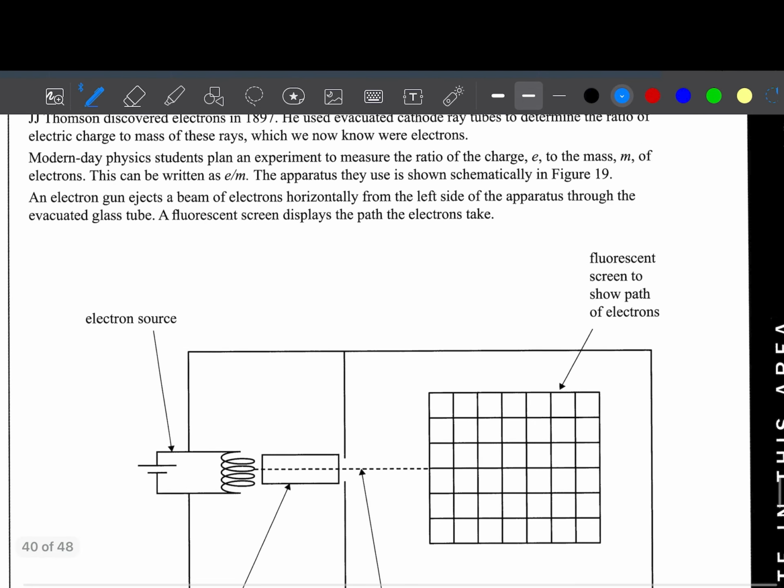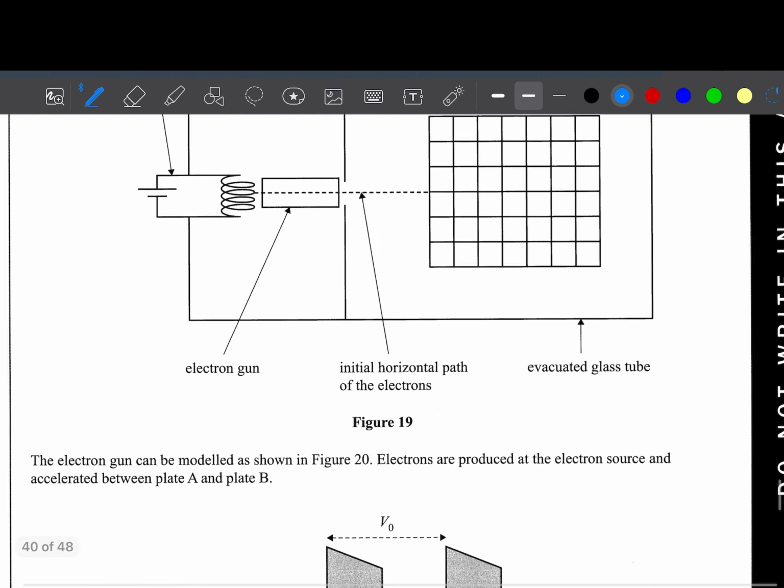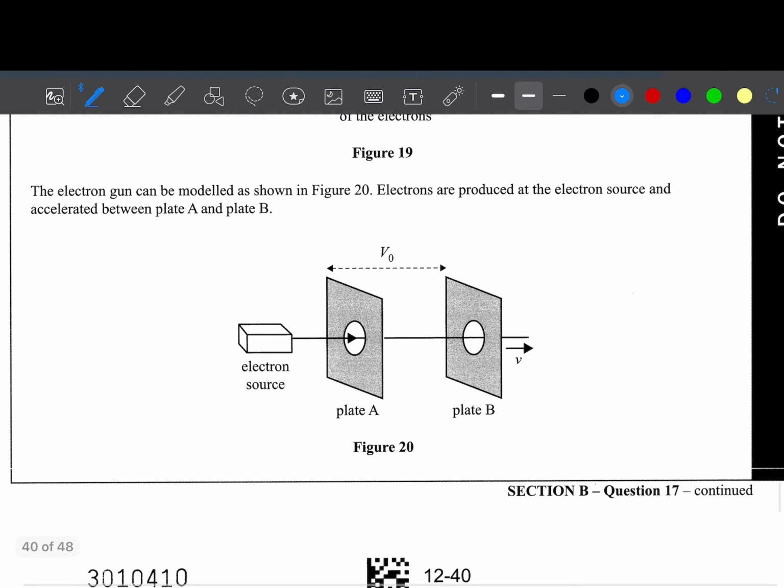An electron gun ejects a beam of electrons horizontally from the left side of the apparatus through the evacuated glass tube. A fluorescent screen displays the path electrons take. The electron gun can be modeled as shown in figure 20. Electrons are produced at the electron source and accelerated between plate A and plate B.